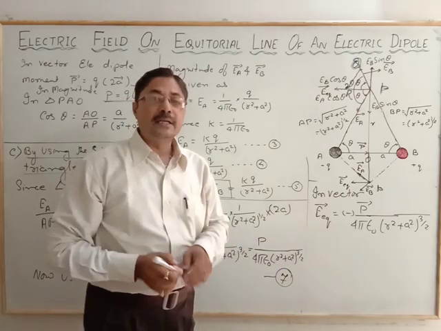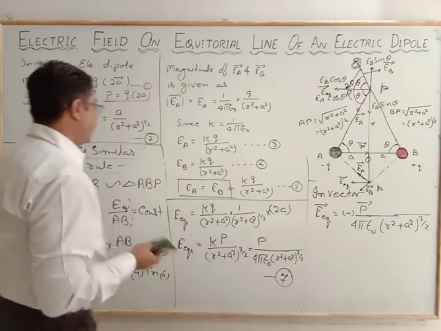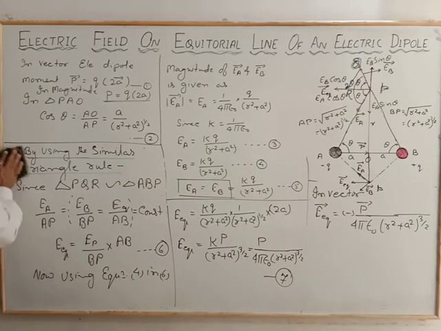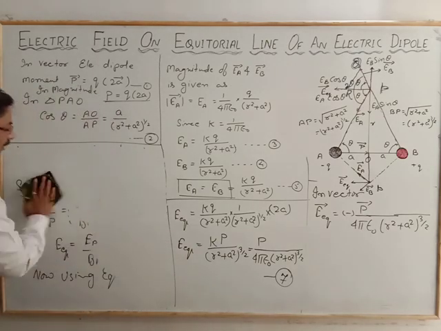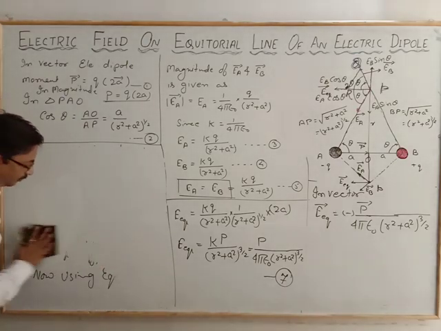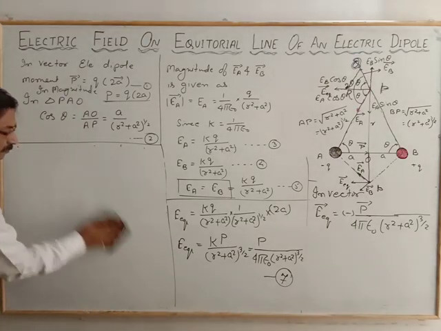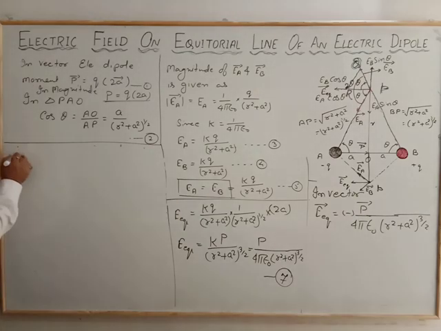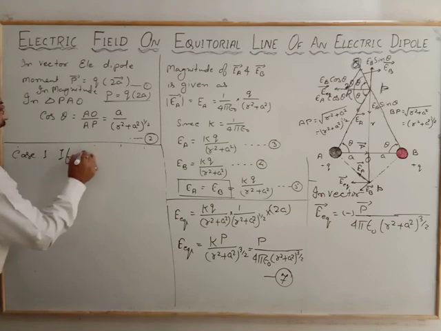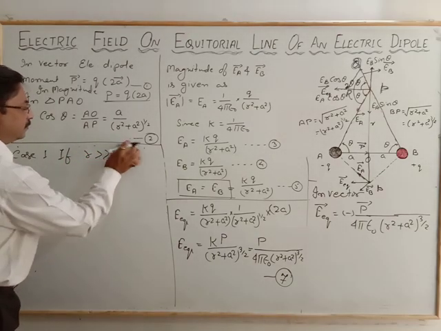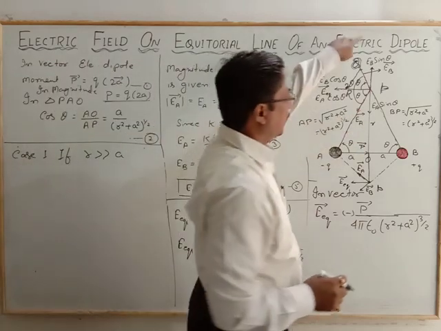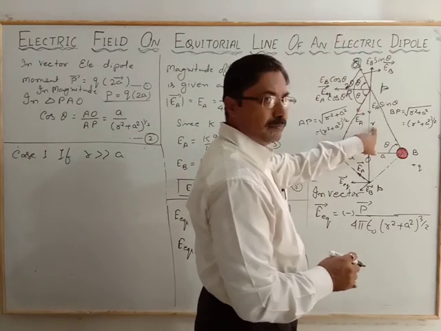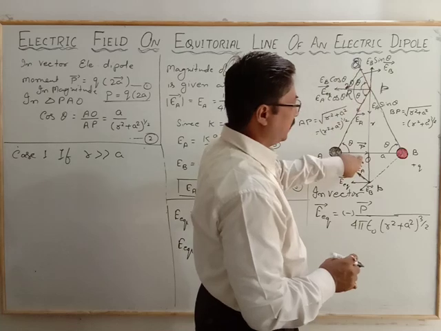Now we will see what the cases are for this expression we have obtained. First, case 1: if r is much greater than a, what does it mean? r is the distance from the center of the dipole.